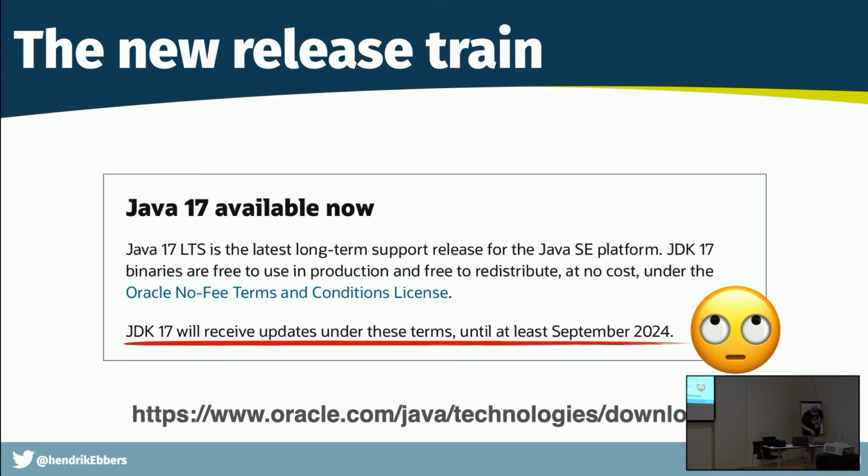Sadly, they already define that this will be possible until September 2024, and at the moment, nobody knows what will happen after that date. So it's again limited, but it's better community support from Oracle than it was with Java 11.